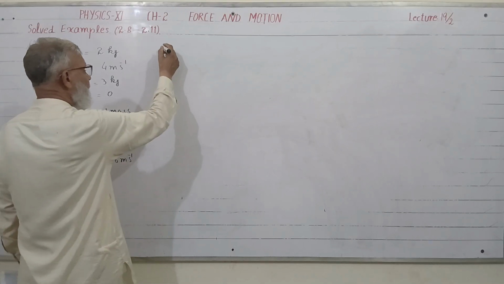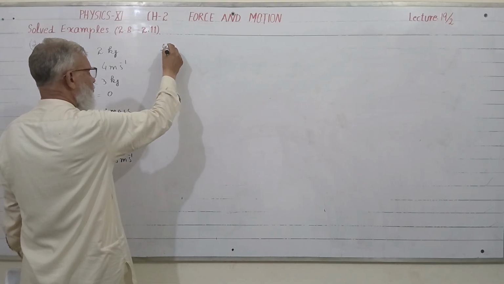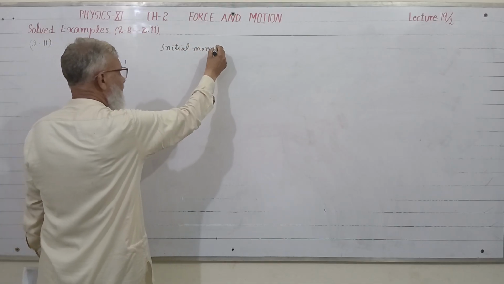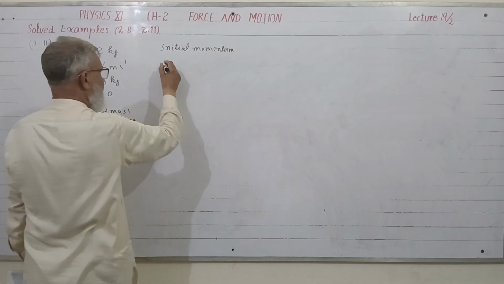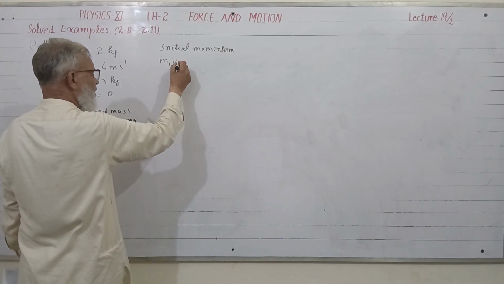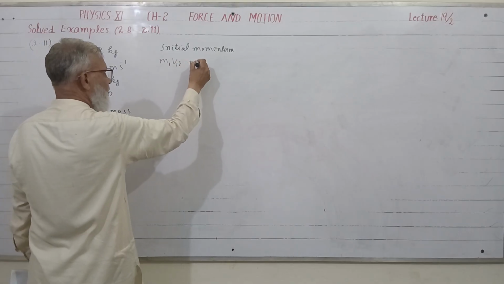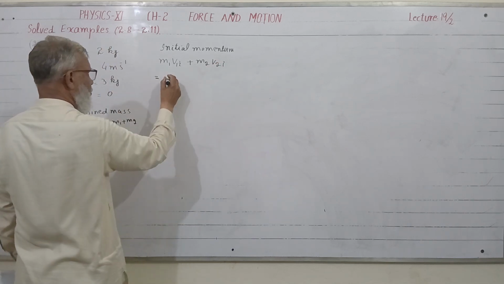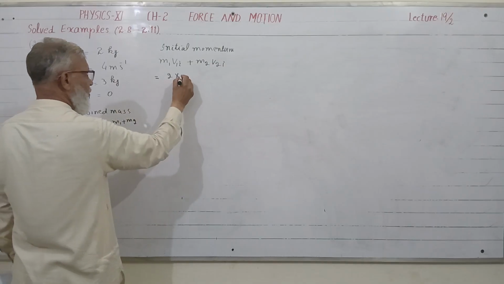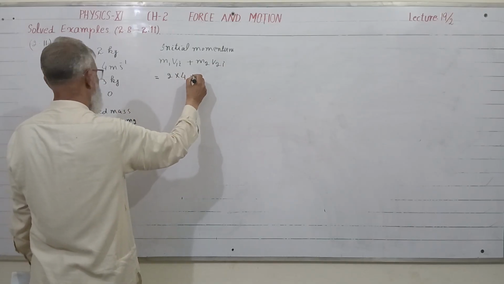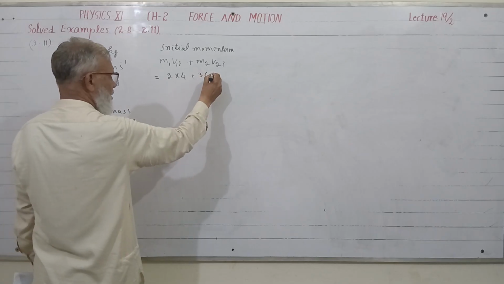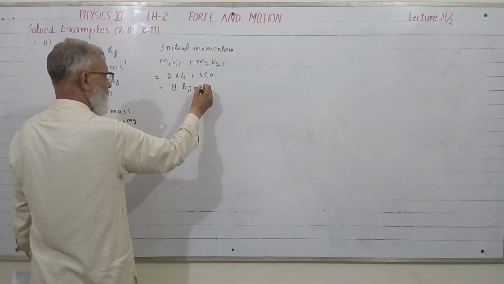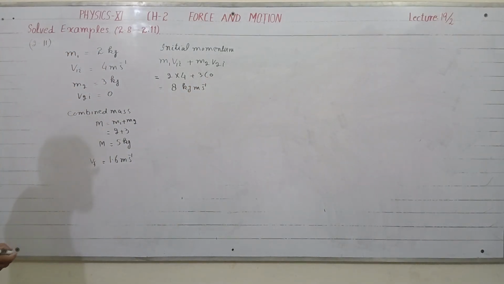Initial momentum is m1 v1i plus m2 v2i. m1 is 2 kg, v1i is 4, m2 is 3 and v2i is 0, so 8 kilogram meter per second. This is the initial momentum.